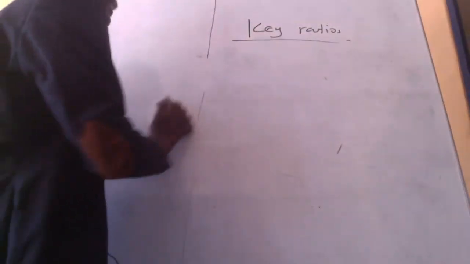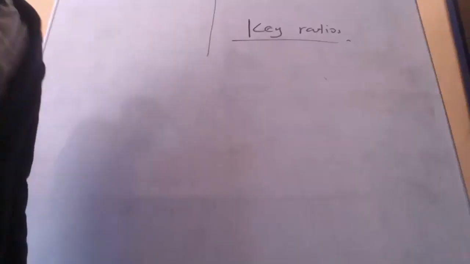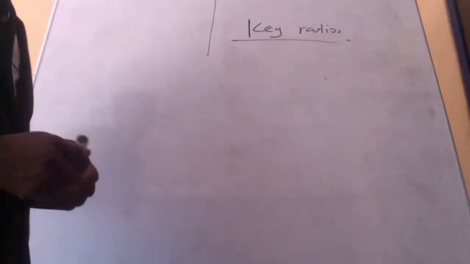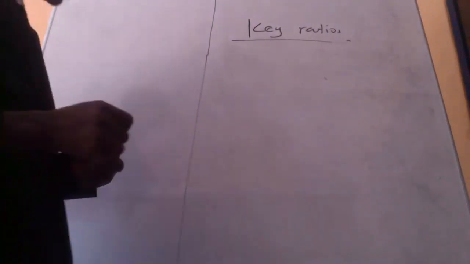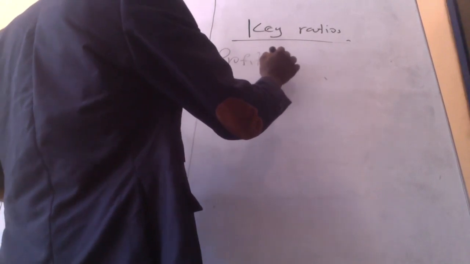Now be with me. We've now started the ratio. So let me start with the profitability ratio. We call it profitability or operating performance ratios.